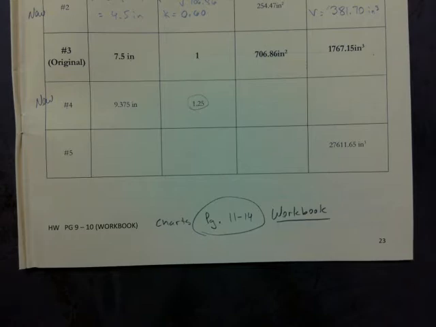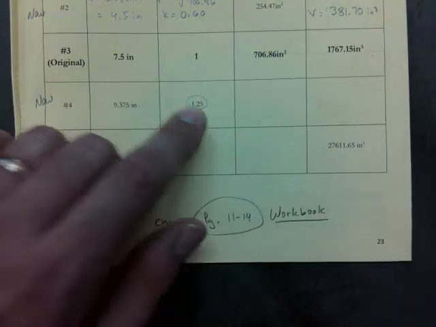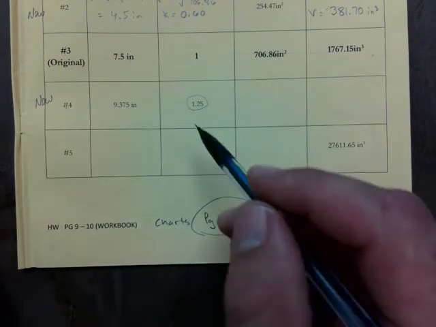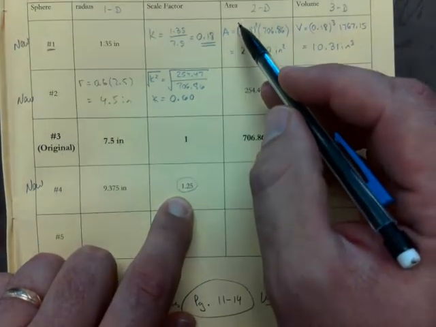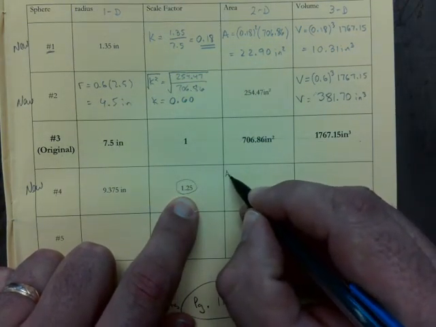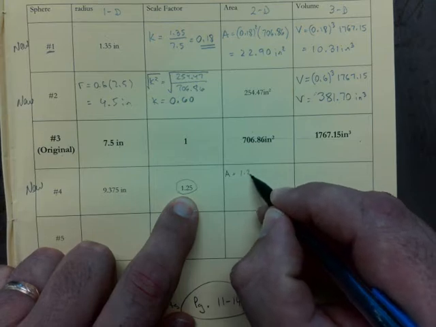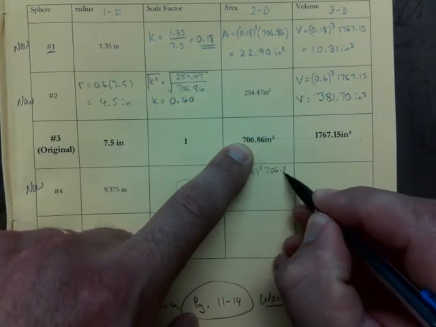All right, so I'm going to continue this chart as promised. So in this case, I already have the scale factors. So I'm just going to look at the area, right? The area of this new shape. And I'm just going to say that the area is k squared times the area of the original.